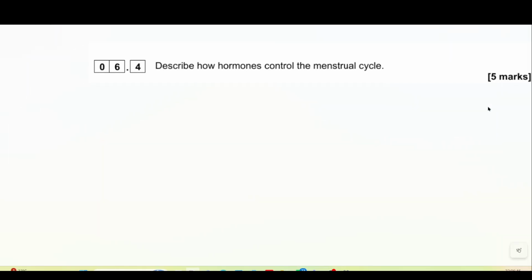Describe how hormones control the menstrual cycle. So first is FSH, follicle stimulating hormone, which is secreted by the pituitary gland.